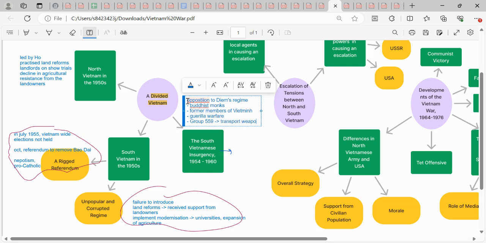And this gave rise to the Ho Chi Minh Trail, because in order to do that, you have to find a way to bring things from the north down to the south. So eventually, the formation of the Viet Cong, who will be identified as the main people fighting the South Vietnamese army.